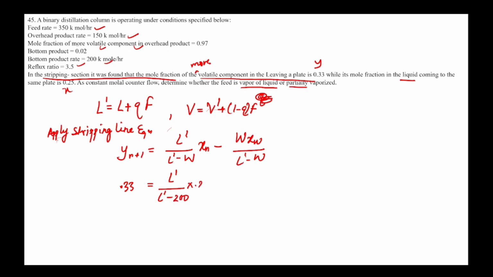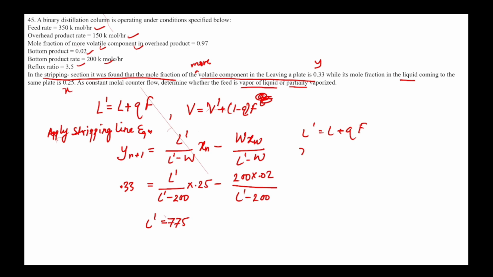Xn is 0.25, minus W, 200, into 0.02, the bottom product composition, over L dash minus 200. So from here we get L dash equal to 775.